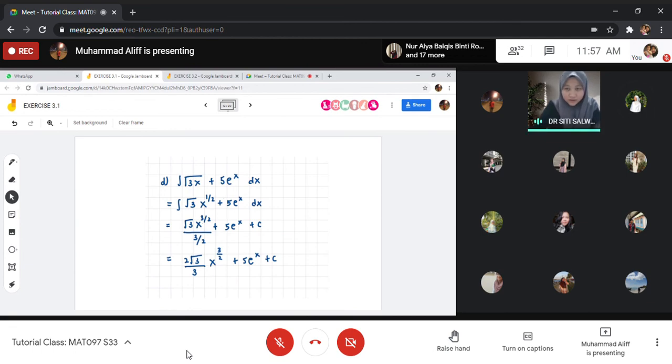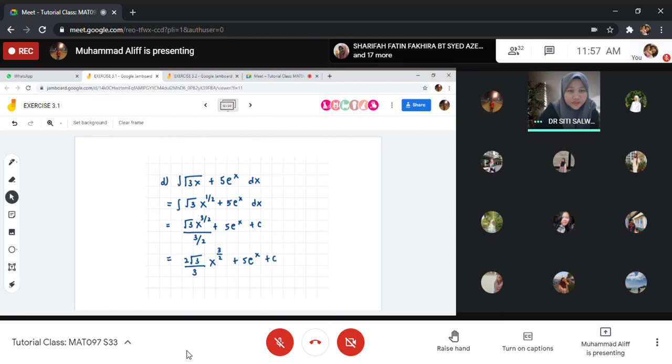Okay, actually for this one, thank you, support Arina. Now look at the second part, simply you have 5 with e to the power of x. So you integrate exponential e to the power of x, you will get its exponential function, times 5. Look at the first term, you have square root 3 with x. So you separate this, you get square root 3 is actually a constant, and then you have x to the power of half.